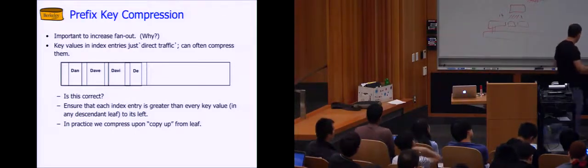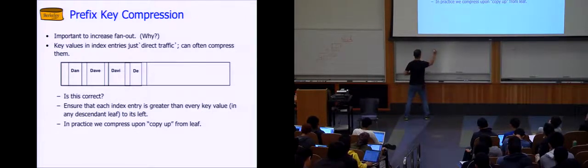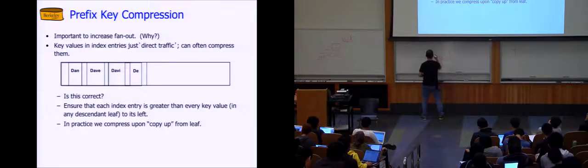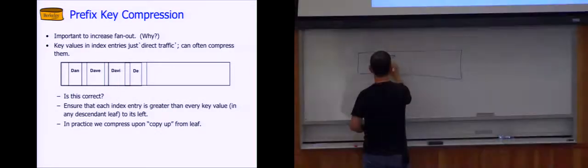So think about it this way, and I don't think I have a picture of this in the slides. Let's say I have a node that I'm splitting, and halfway through this node there's a value, George Gershwin.